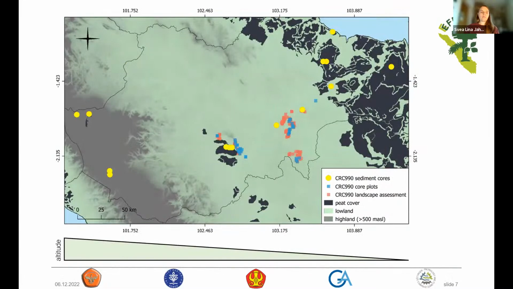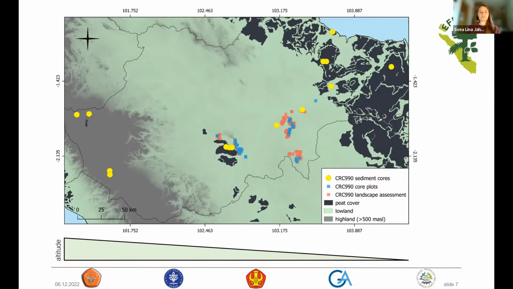So in our working package 1, we study basically not only just the pure pollen, but sediment cores, so sedimentary pollen from different sites. Here you can see the province of Jambi, and you can see these yellow dots, which are actually our sediment cores from working package 1, in which we study vegetation history.